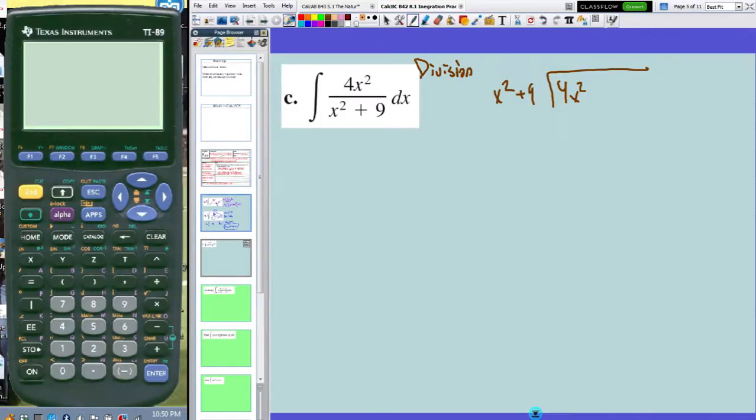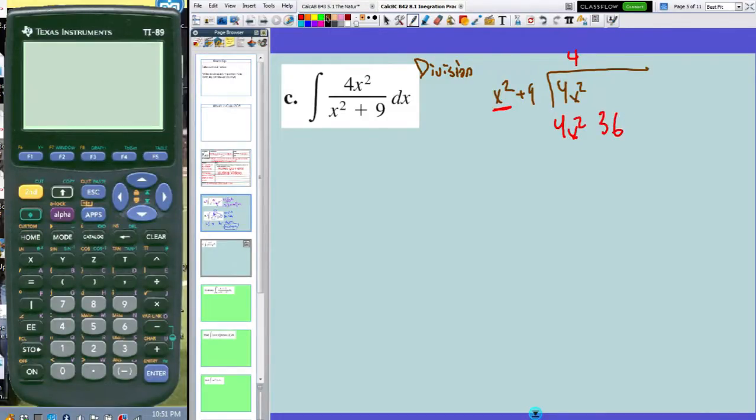Since x squared is the highest term of the divisor, think of this as x squared times what is 4x squared, and it's going to be 4. So 4 times x squared is 4x squared, and 4 times 9 is 36.